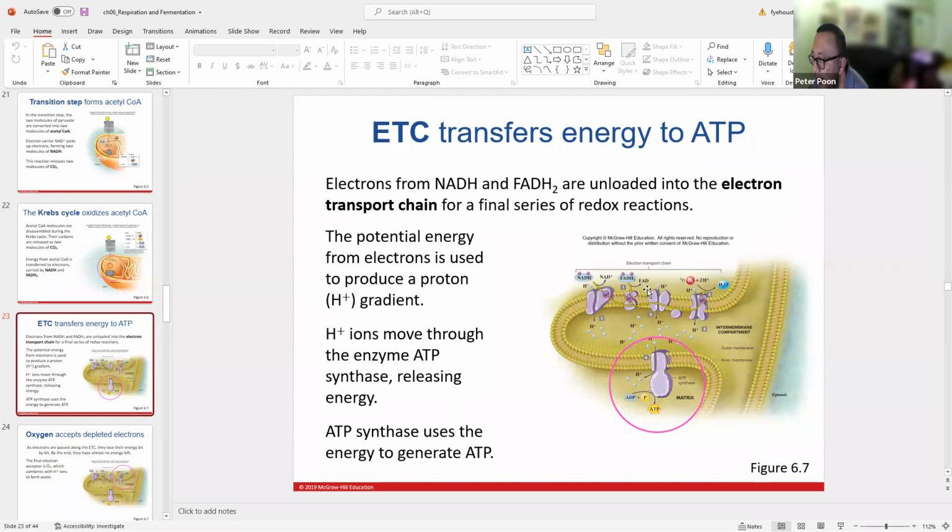There are 3 stages for the NADH, and 1 hydrogen is moved into here. And when 1 hydrogen moves into here, 1 hydrogen moves out through this pathway, through this hole. This hole makes 1 ATP.